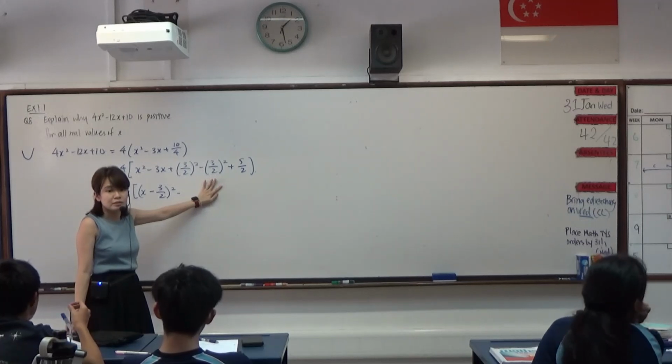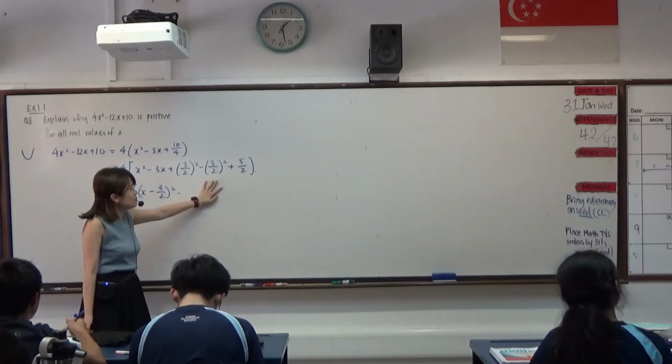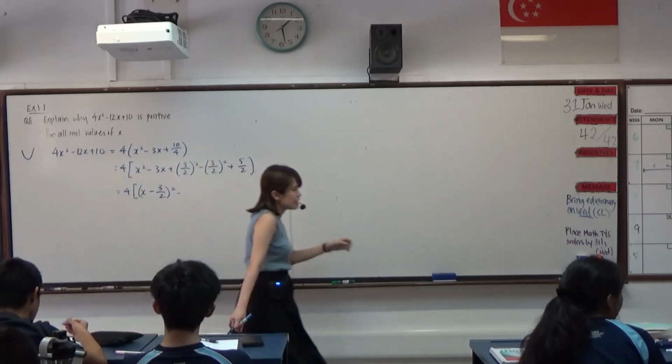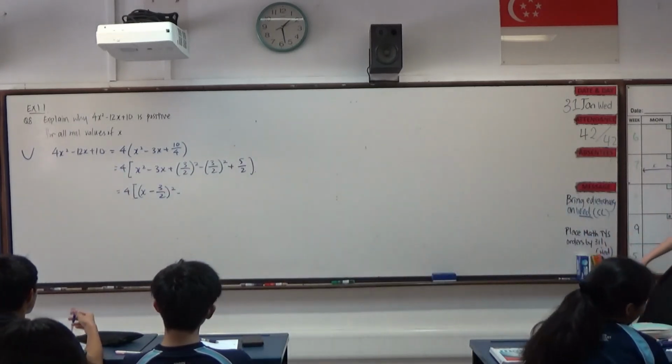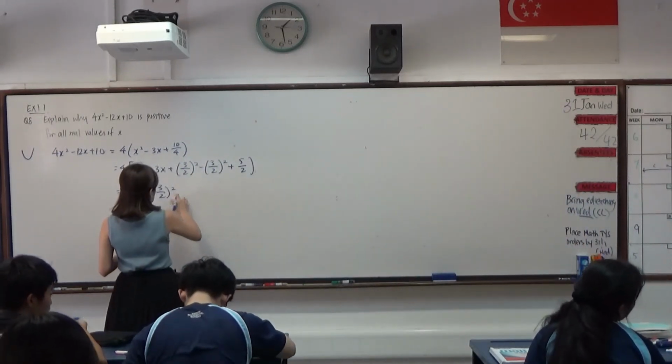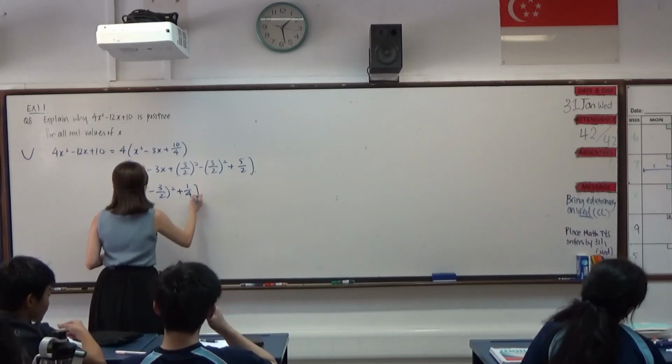Half. Minus 9 over 4. Someone count: minus 9 over 4 plus 5 over 2 is already 1 over 4, right?